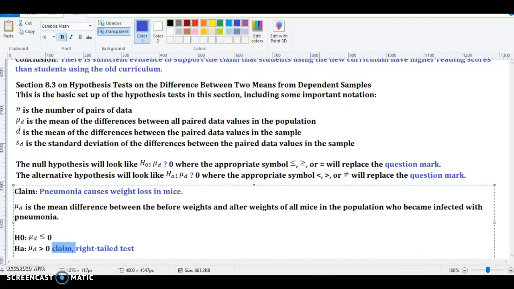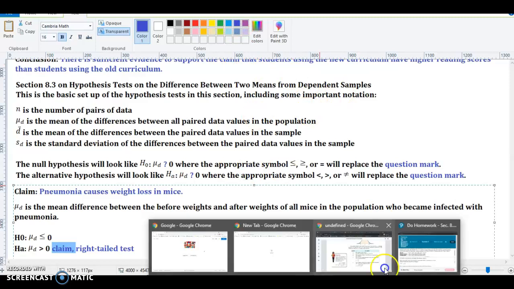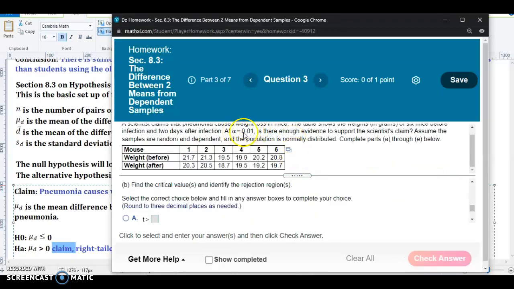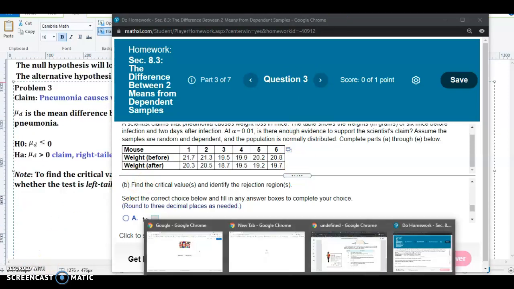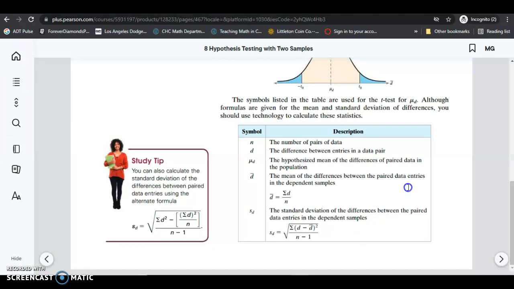With that said, we're going to find the critical values using the appropriate level of significance, which is 0.01. We also need the correct degrees of freedom, so let's look up in the book what the degrees of freedom would be for this type of hypothesis test.